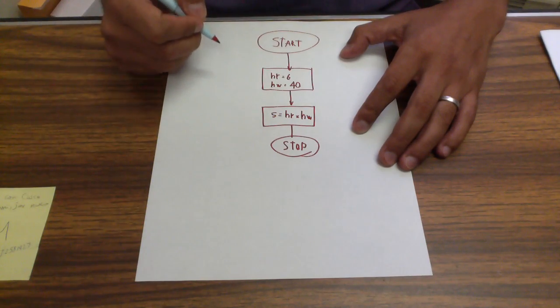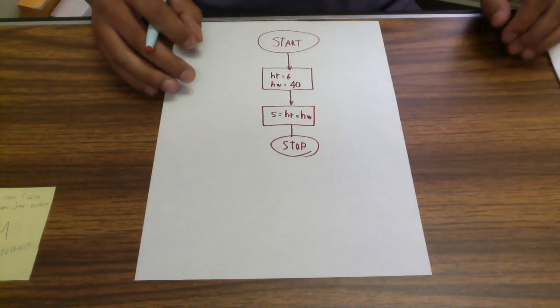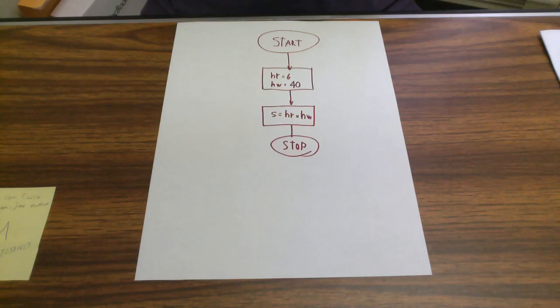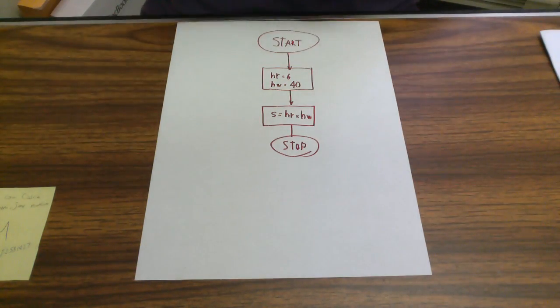Okay? That's one way of thinking about this process, right? Just like that. Now, if you were a computer program, you want to do more. You want to actually read the hourly rate, read the number of hours worked, compute the salary, and then display it to the user, and then stop the program.